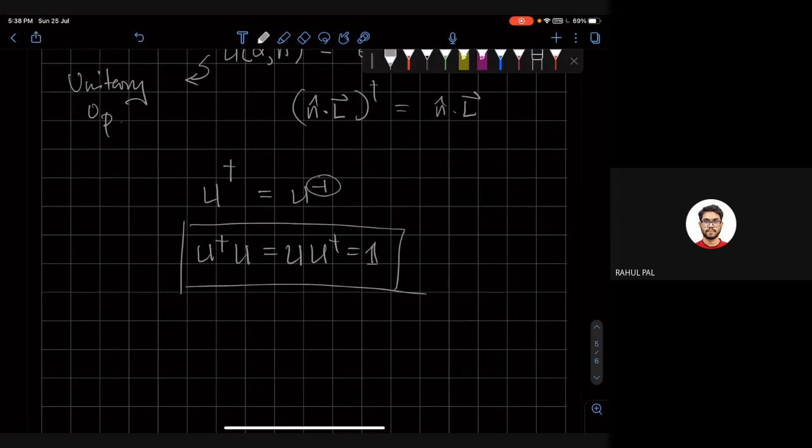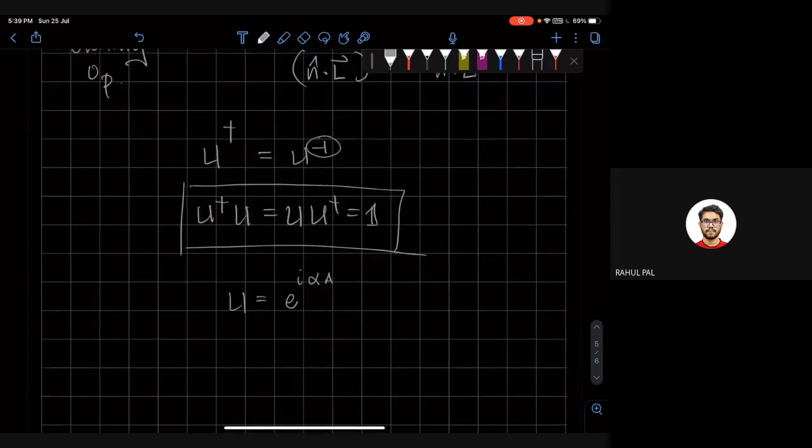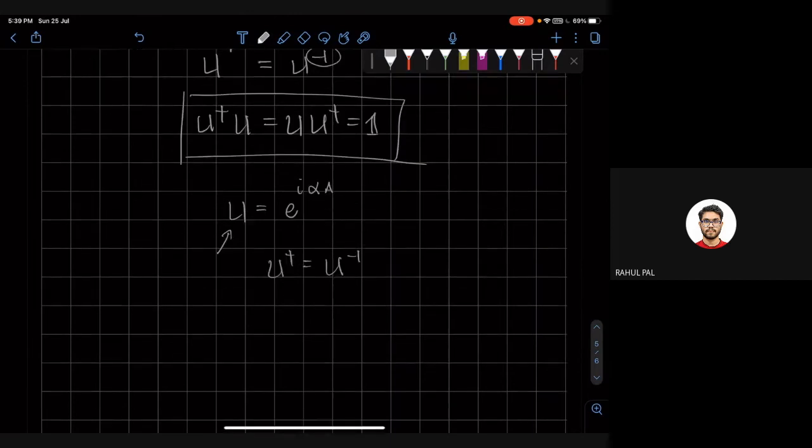Okay. And now if I can write a unitary operator in terms of e to the power I, some real number alpha times some operator A, then we are asking U to be unitary. That means U dagger needs to be U inverse. And we can ask, what is the inverse of U?